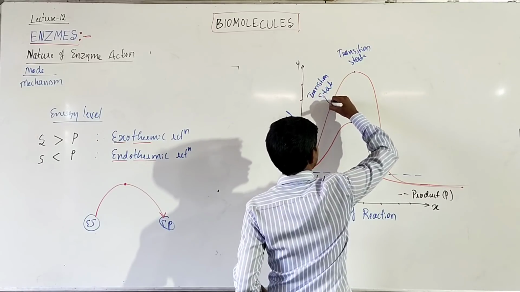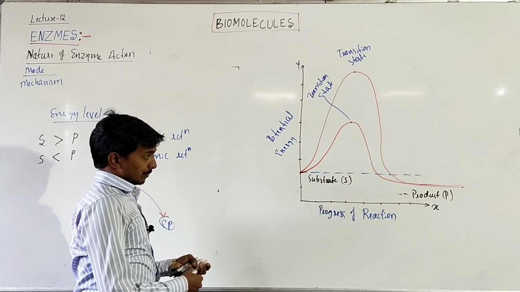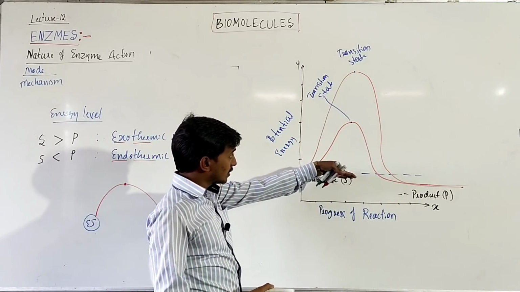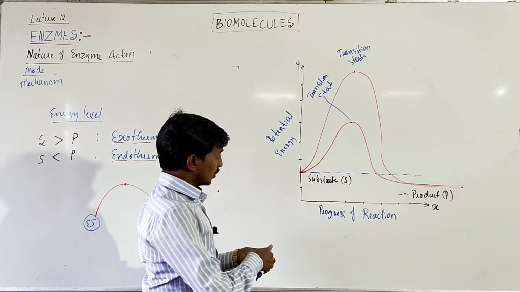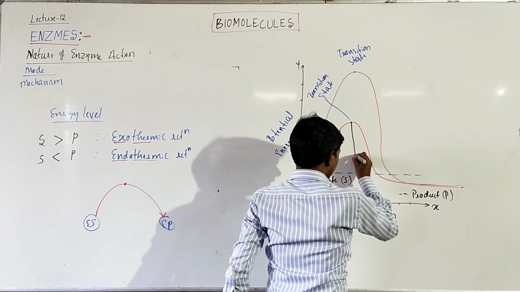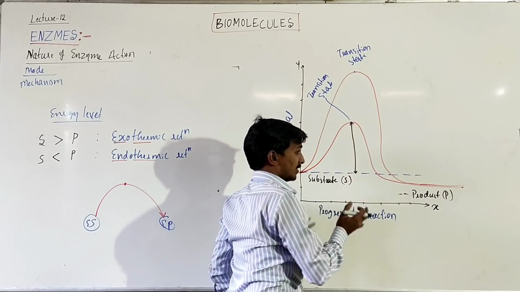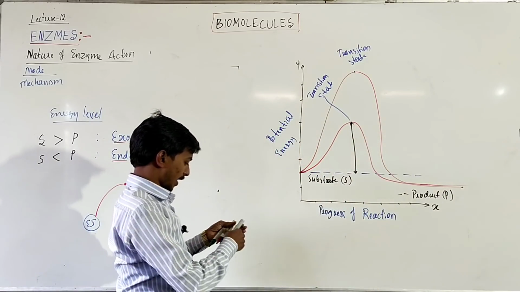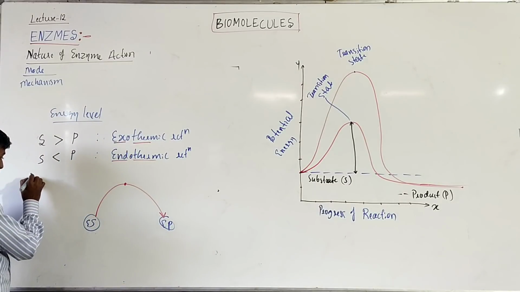Transition state. Okay. Here we can find this is an energy level, this is a high energy level, this is also a high energy level. So we can see this gap. This difference, this gap is known as activation energy.